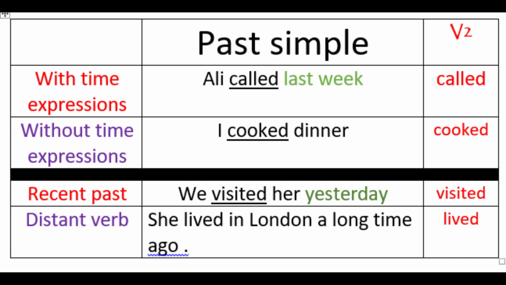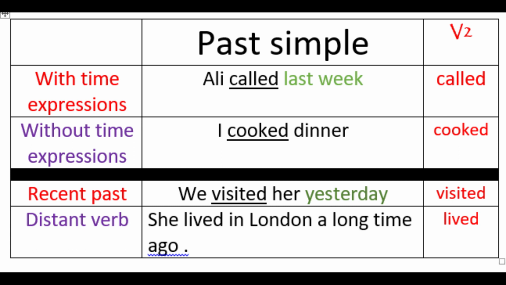These are all time expressions. In the sentence Ali called last week, the past tense here is the word called. But you could also use the past tense without a time expression. So you can simply say, I cooked dinner. And as soon as I use this word cooked, we know we are talking about the past.